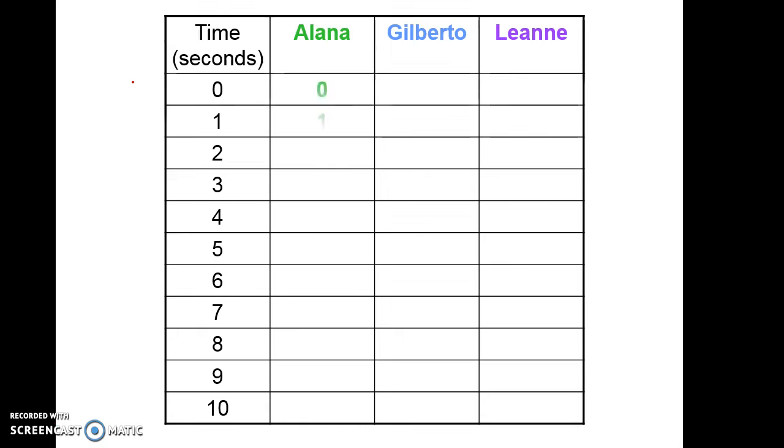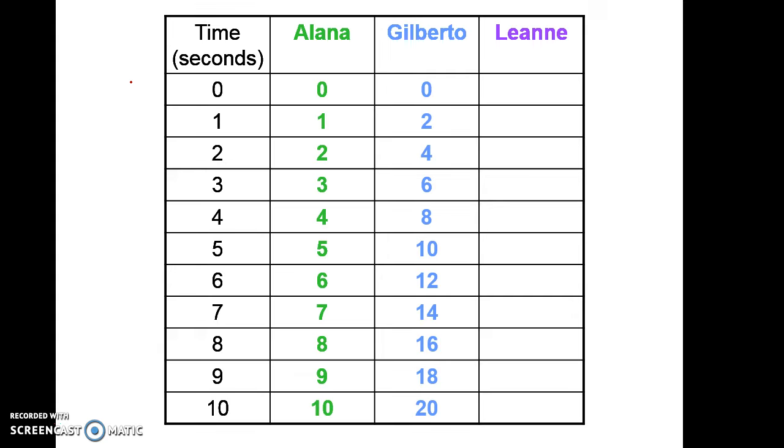So Alana, since she walks 1 meter per second, I notice that the number of seconds and the number of meters are actually the same number. They're a 1-to-1 relationship. 1 meter for 1 second. Gilberto's numbers, you notice that he's doubling the seconds for every meter.